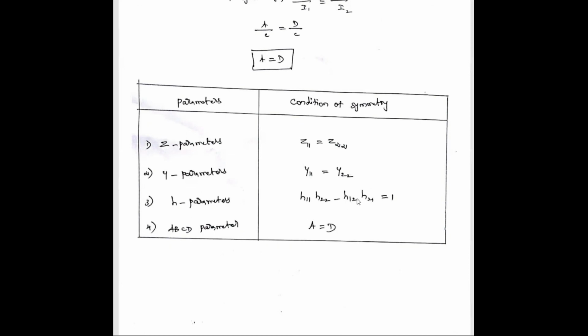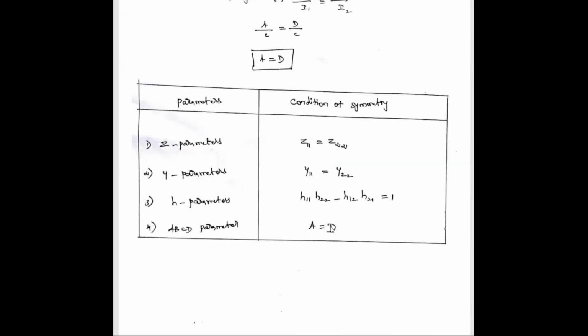In H parameter, the determinant of the H matrix is 1, that means H11 H22 minus H12 H21 equal to 1, and the network is symmetrical. In ABCD parameter, if the A value and D value are equal, the network is symmetrical. So these are the conditions for symmetry.